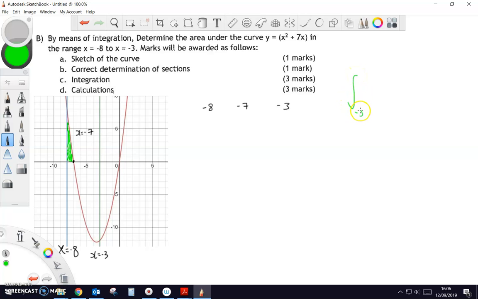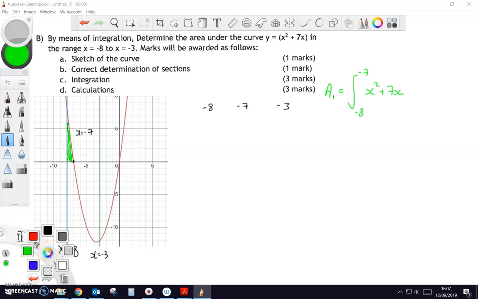We'll have minus 8, minus 7, because that's where the curve crosses the x-axis, and our curve is described by this here, x squared plus 7x. So we'll be integrating that, and that'll give us the area 1, which is that green area there.